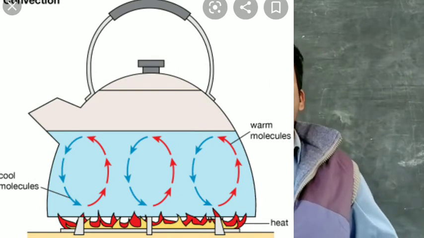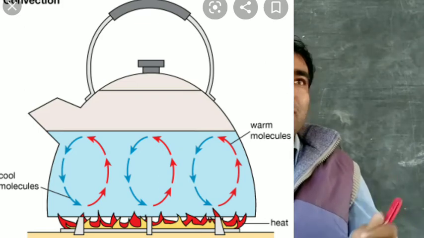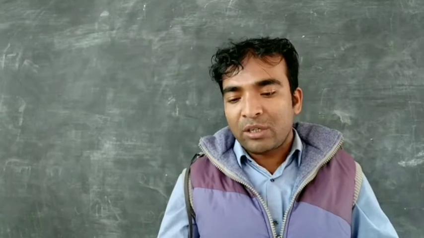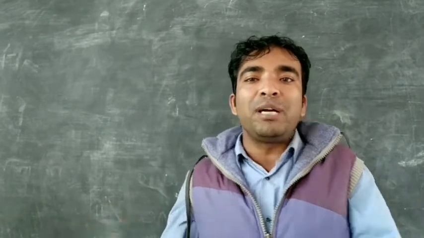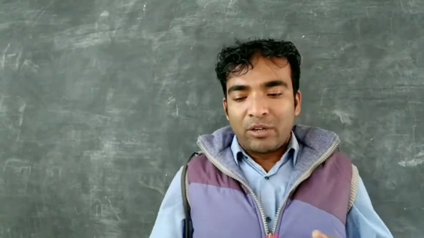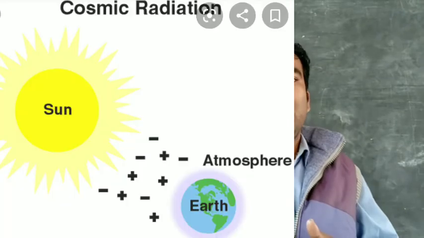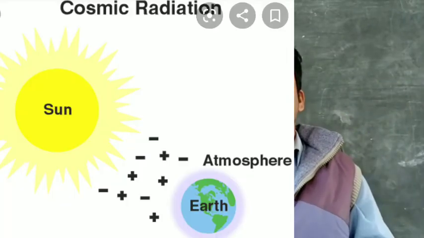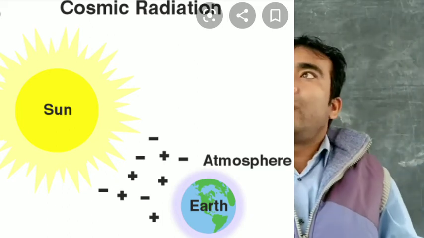Then the third one is radiation. What is radiation? In conduction and convection, a medium is required. Without a medium, the heat cannot transfer from one part to the other part. But in radiation, without any medium, the heat can transfer from one part to another. How is it possible?